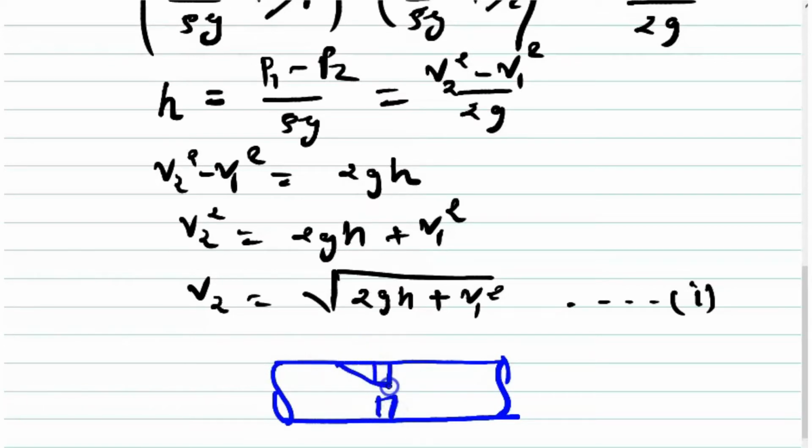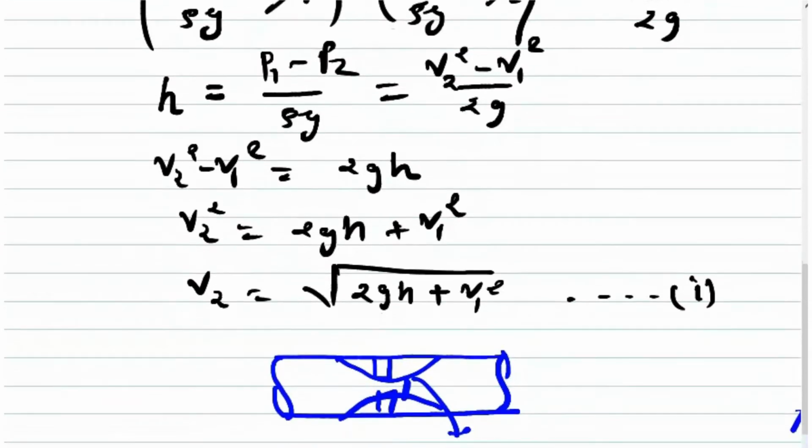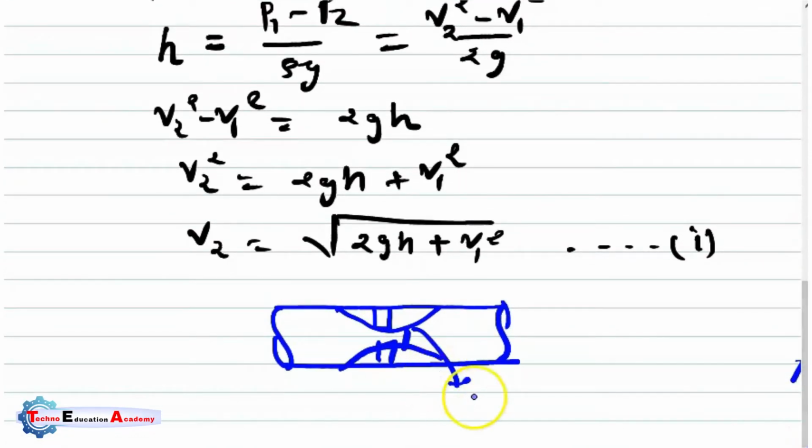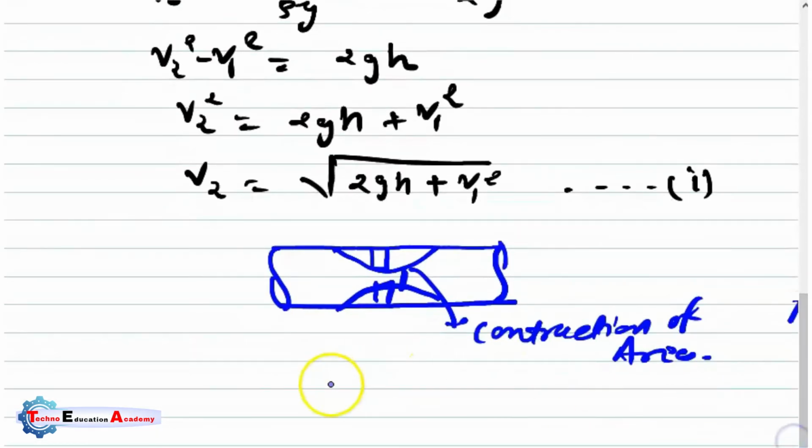Here this is called the vena contracta, the area of vena contracta, where the contraction of area happens. Here we add one technical term.